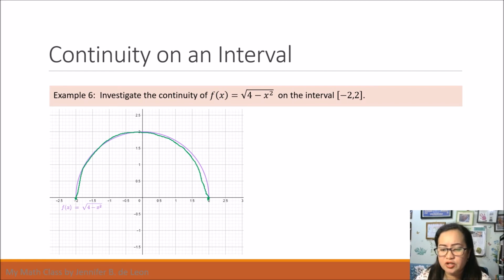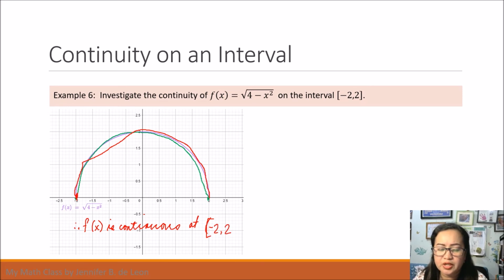Now let's see if we can trace the graph from the right of negative 2. We can trace the graph completely and continuously without lifting our pen. Therefore, f of x is continuous on the closed interval from negative 2 to positive 2.